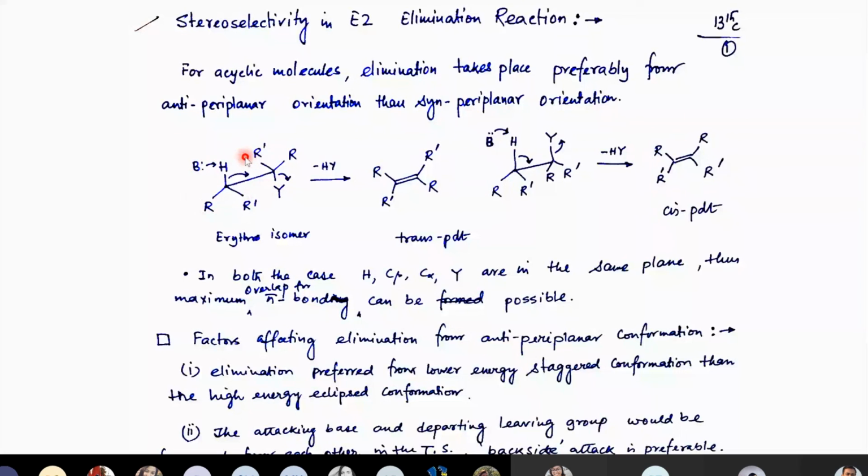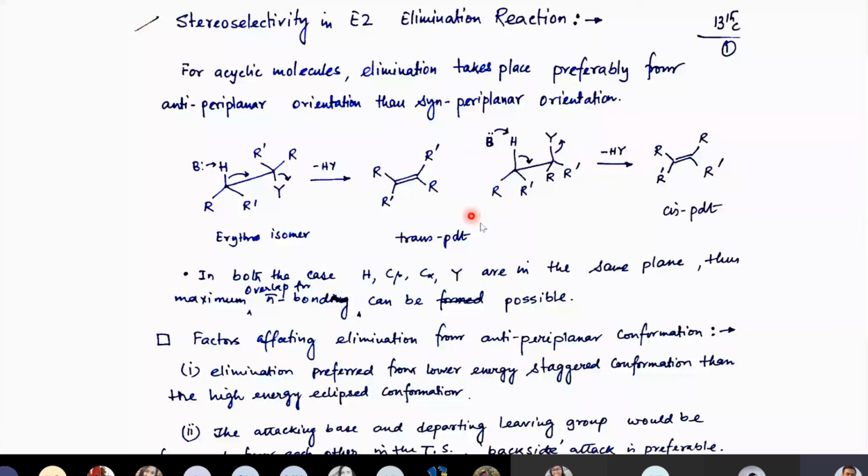Okay. So what are the 2 points? First point is, in this eclipsed form you have more steric interaction between these two, and second is the base and the leaving group are happening on the opposite side. If it happens on the same side, there will be an electrostatic interaction between these two. Okay.